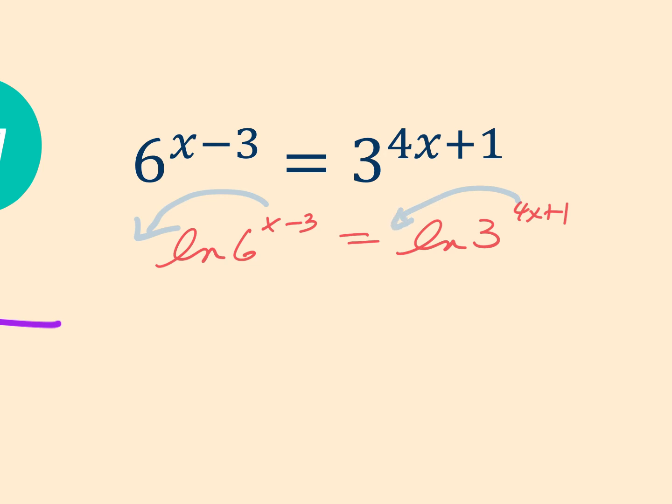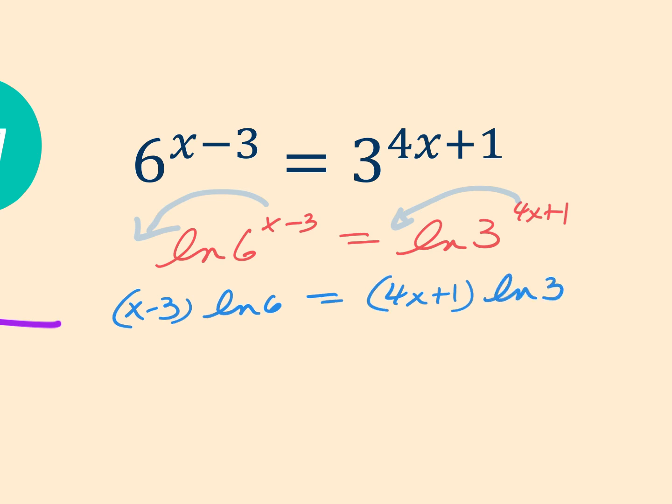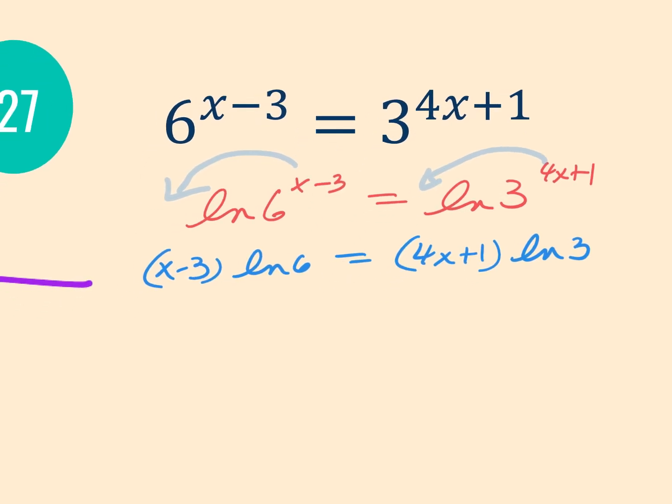So now I have x minus 3 times ln 6, and then here, 4x plus 1 times ln 3. I need to distribute the ln 6 to both and the ln 3.